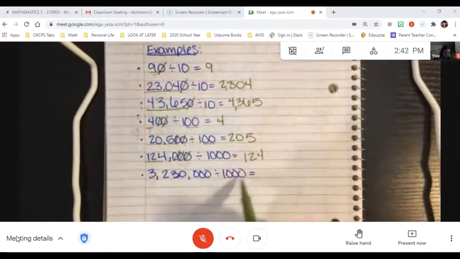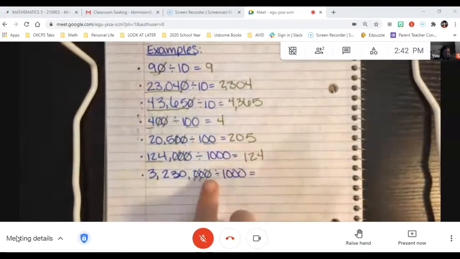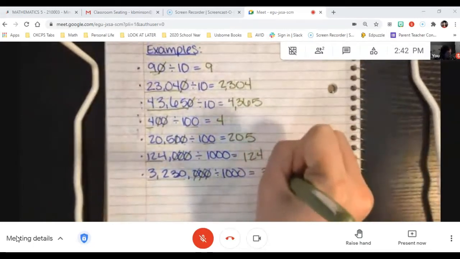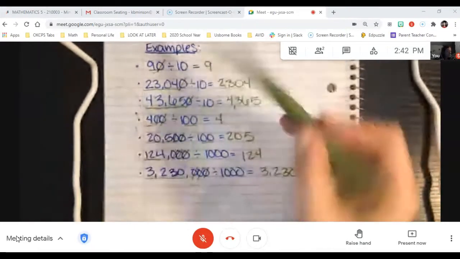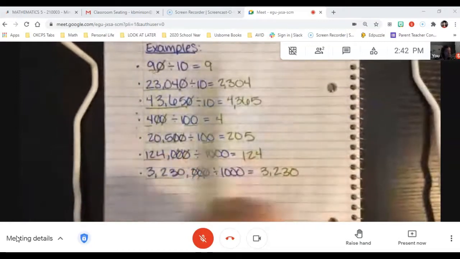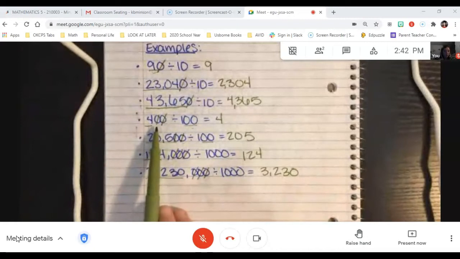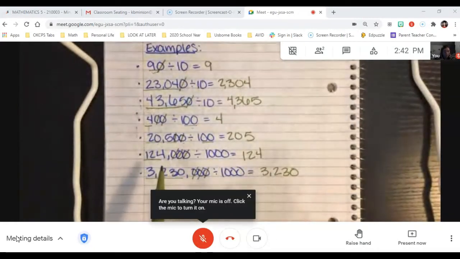Since I'm dividing by 1,000, I can remove 3 zeros. So I removed 3 zeros from the end, and I'm left with 3,230. So when we divide by 10, you can remove 1 zero to get your answer. When we divide by 100, you can remove 2 zeros. And when we divide by 1,000, you can remove 3 zeros to get your answer.